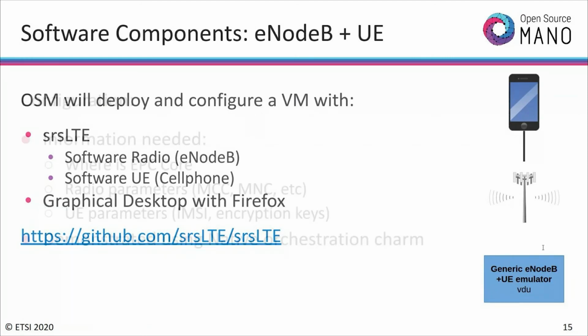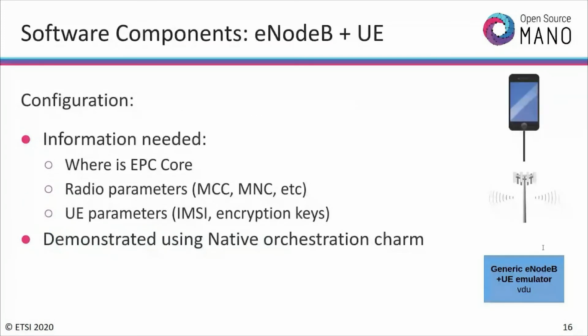The configuration for the eNodeB+UE is, well, where is my EPC core? That would be for the radio side. The radio needs to know how to attach itself to the EPC core. So there's some radio parameters, which is basically kind of your country code, your locality code, and then the user equipment parameters, the IMSI and encryption keys.